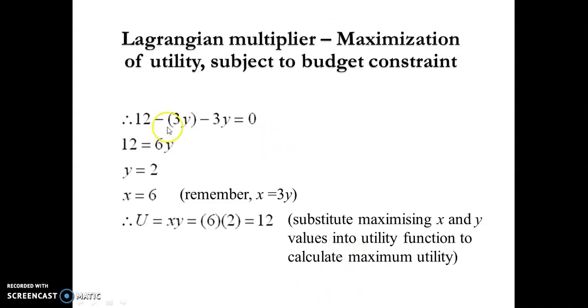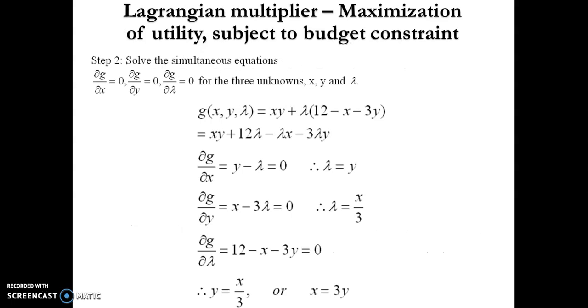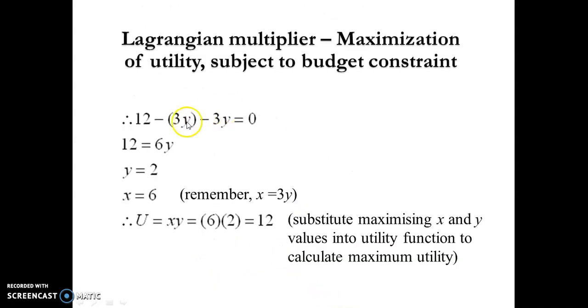Well, you can substitute that into your third equation, right? If you were to go back, your third equation was your first order partial derivative of that function with respect to lambda. You can now substitute that x is equal to 3y into there, which is what we have over there.